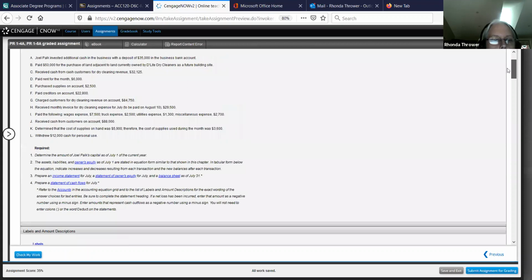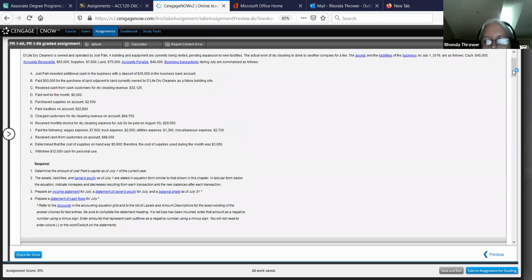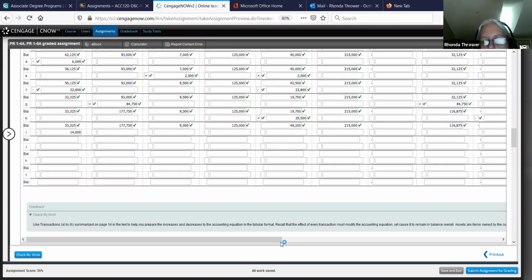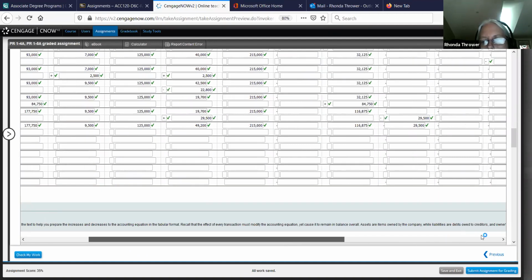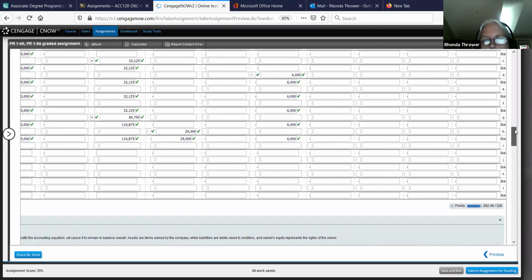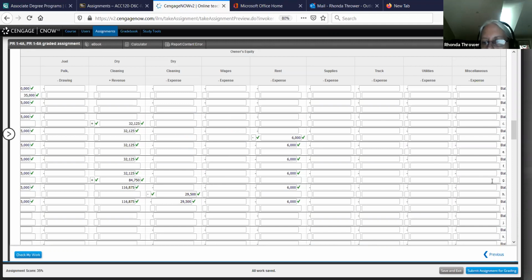So the first expense in I was wages expense at $7,500. And we were working on transaction I. So my wages expense is going to be minus $7,500 that I'm going to put here.